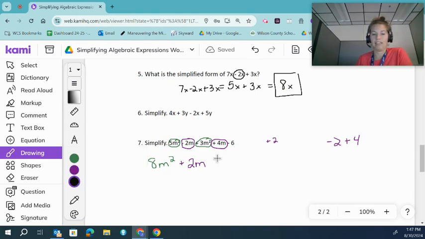And then our minus 6 stays the same. And this is my simplified version. Again, these two things are equivalent. One is just more simplified than the other. That is simplifying algebraic expressions.